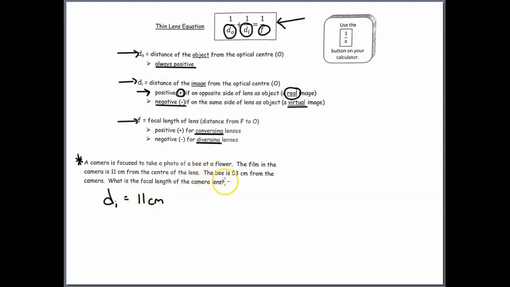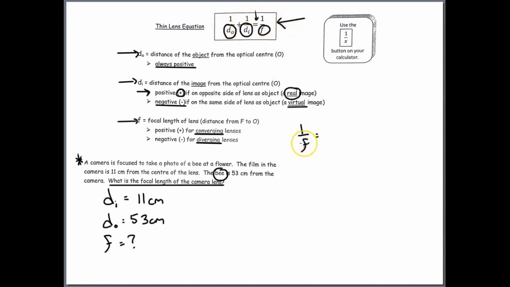Then it says the bee is 53 centimeters from the camera. Well, the bee is the object. So this is dO. So dO is 53 centimeters. And the question is, what is the focal length? So we're looking for f. So let's try this. We've got 1 over f equals, you can switch which side it's on, it's just an equal sign.